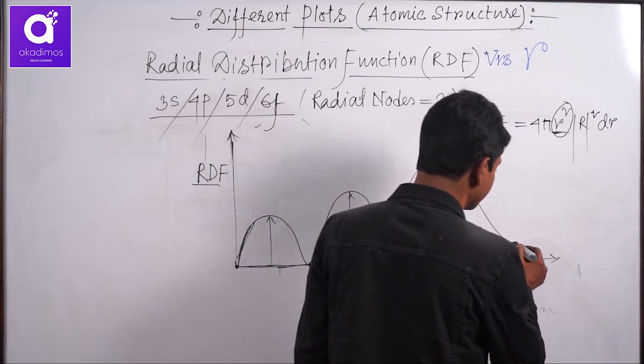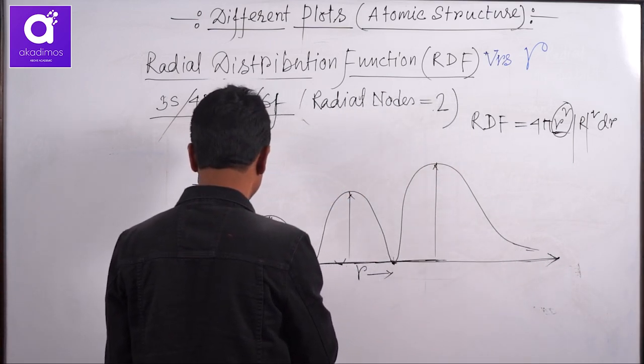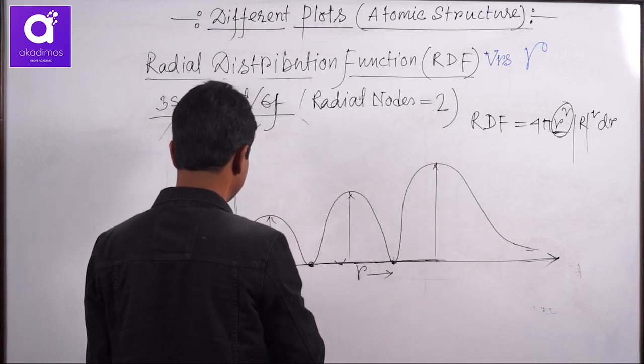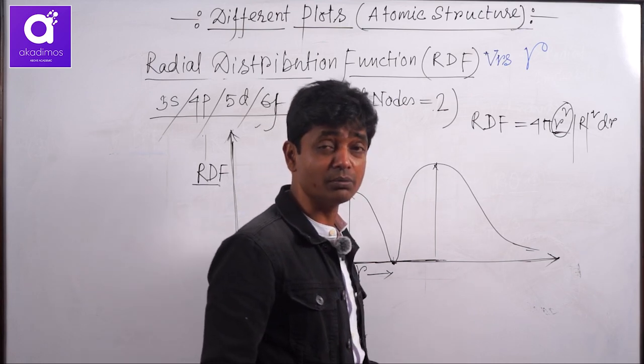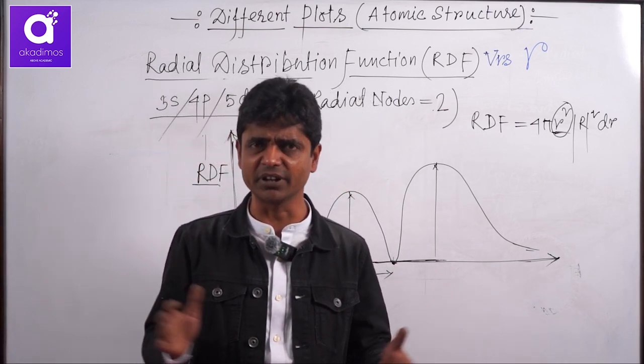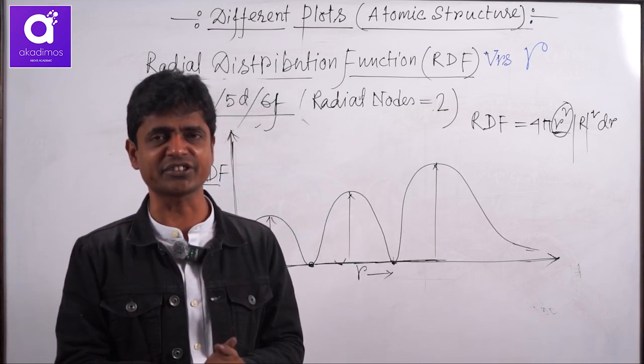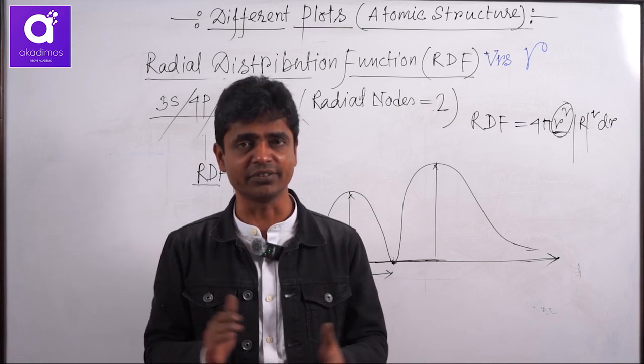And remember, these three different plots are important for our syllabus. In atomic structure you will get so many parts in this chapter. It is a big, fundamental chapter, majorly quantum mechanics, and we have electronic configuration.